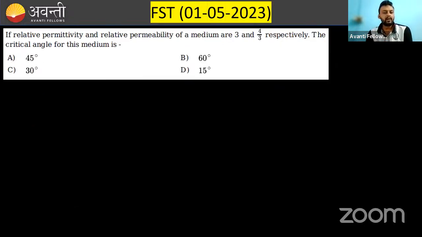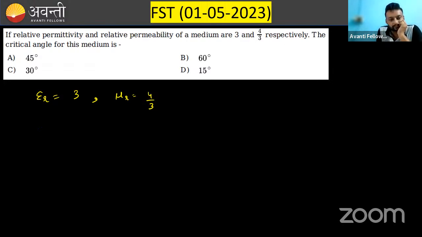Another question. If the relative permittivity and relative permeability of a medium are 3 and 4 by 3, write down something. Relative permittivity, epsilon r, is equal to 3. Mu r is equal to 4 by 3. Find the critical angle of this medium.